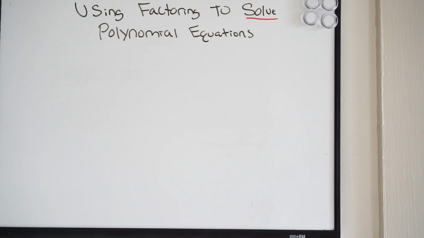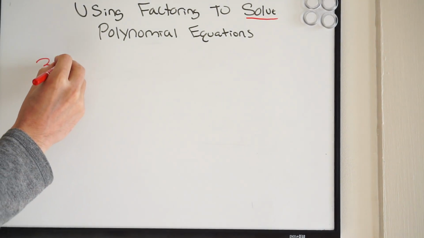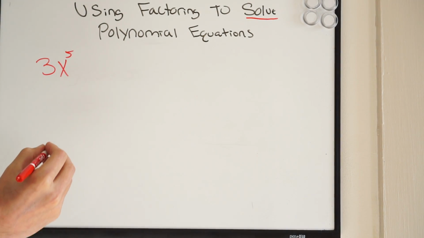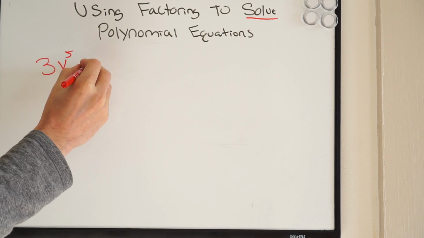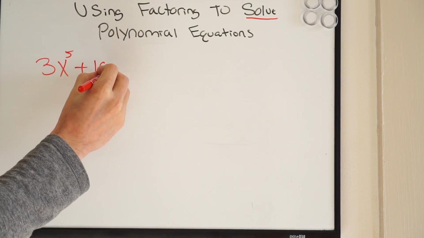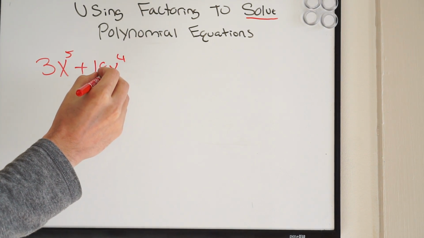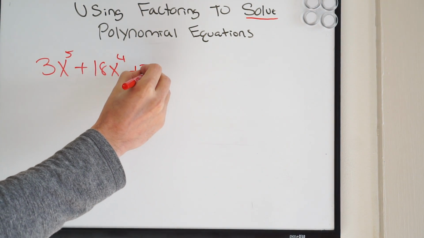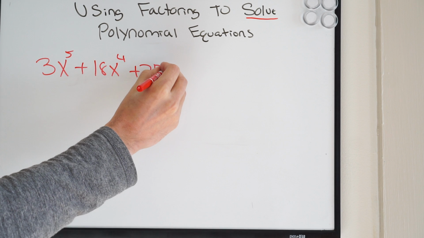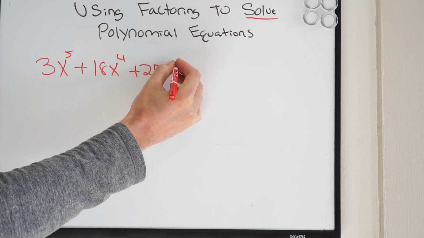Okay, so for example, if we have the following polynomial, let's write this out. We can have 3x to the fifth plus 18x to the fourth plus 27x to the third.